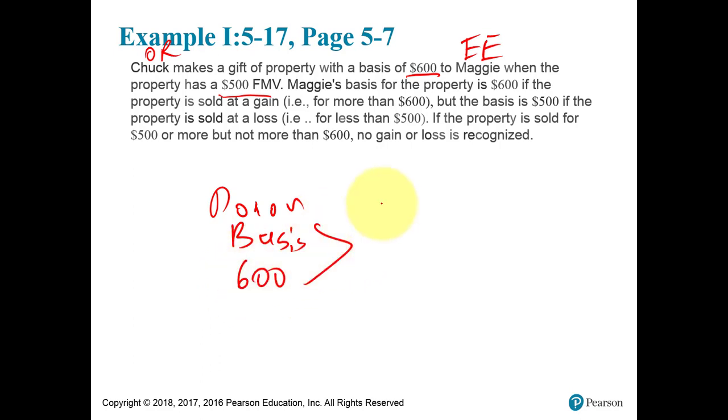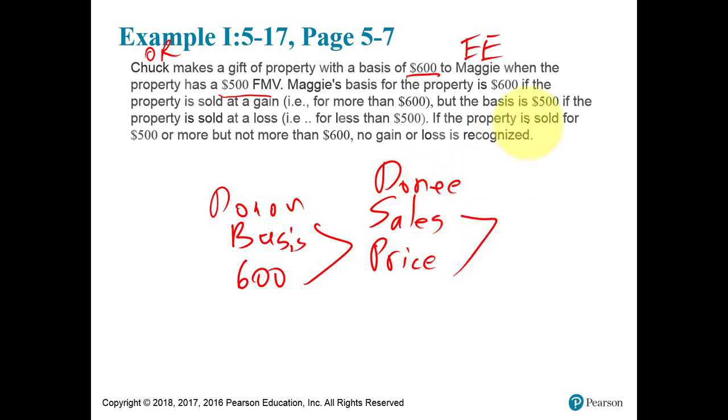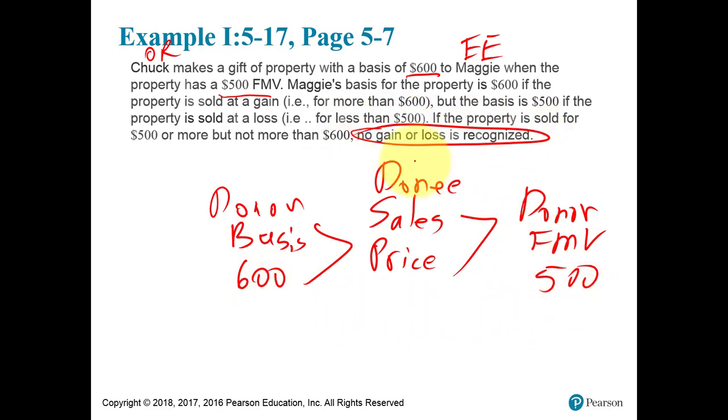That's greater than, we'll call it the sales price for Maggie, the donee, as compared to the donor's value at the date of gift, 500. So in other words, if Maggie sells her asset between 600 and 500, there is no gain or loss.